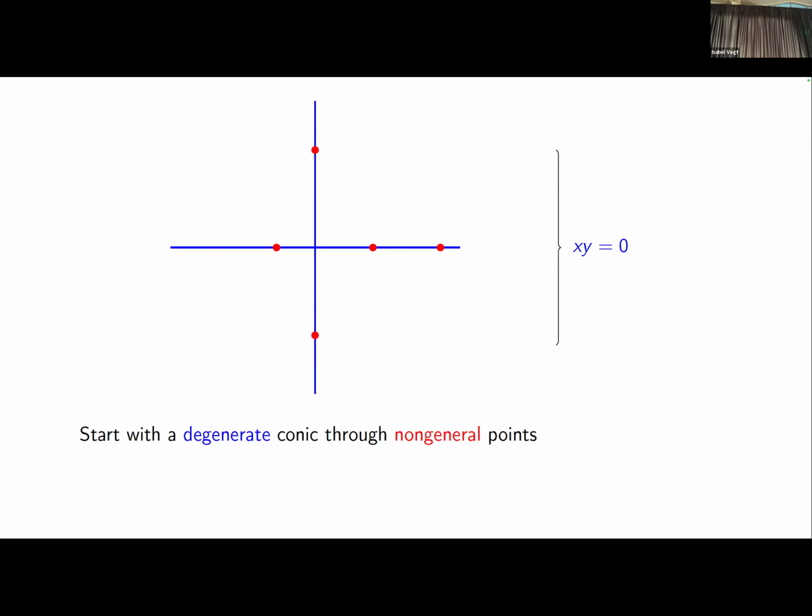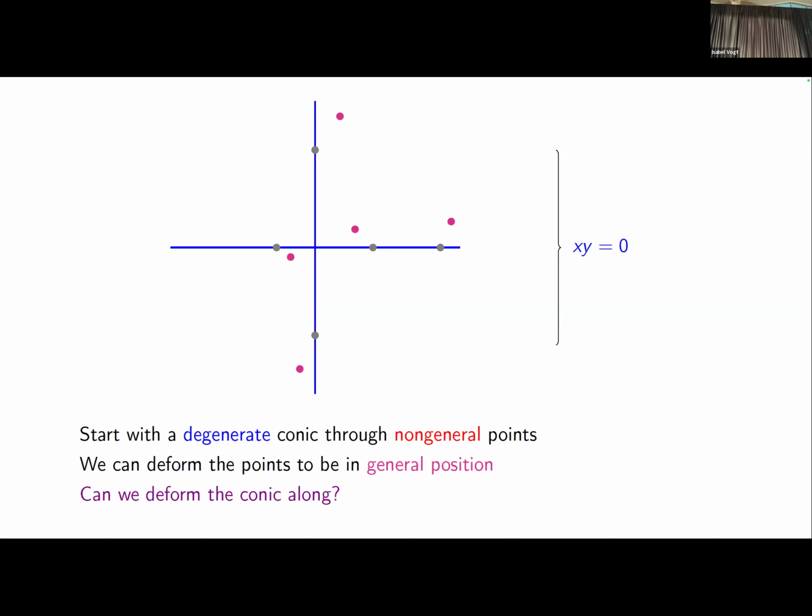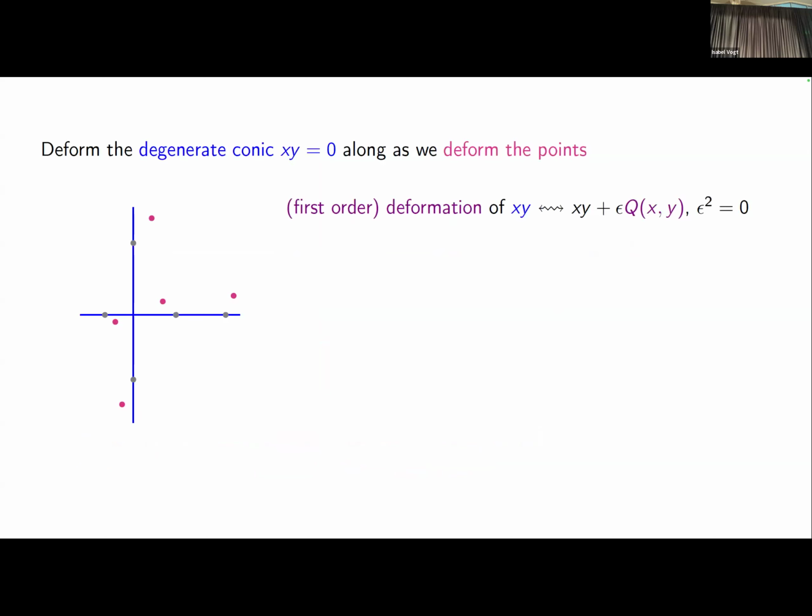But what I can do is deform the points to be in general position. And then my goal will be to deform the conic along as I deform those points to be general. Clear to everyone? Great. So I'd like to deform the degenerate conic along as I deform the points to be general.